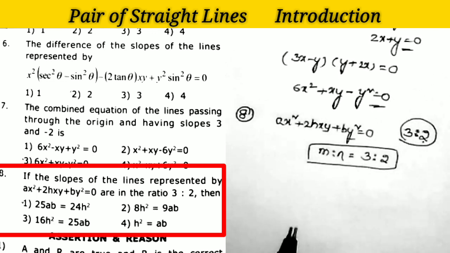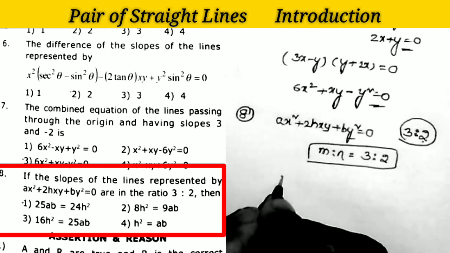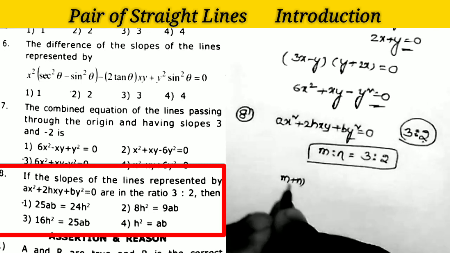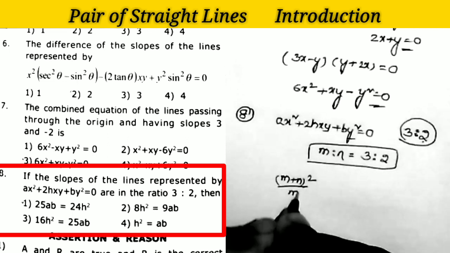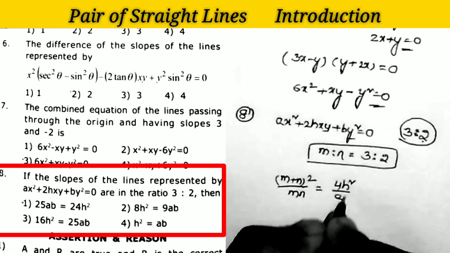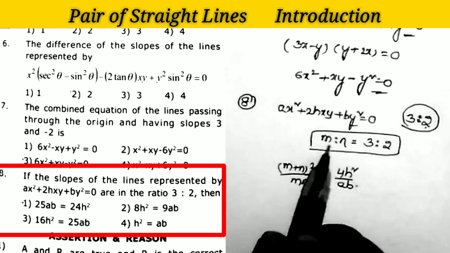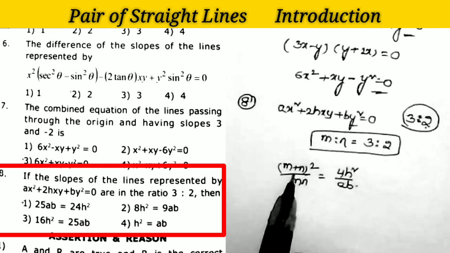Now we have one direct formula. If the slopes are in the ratio m:n, then the condition is (m + n)² / mn = 4h² / ab.